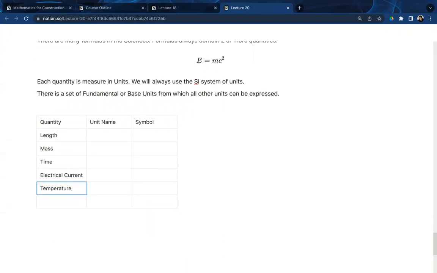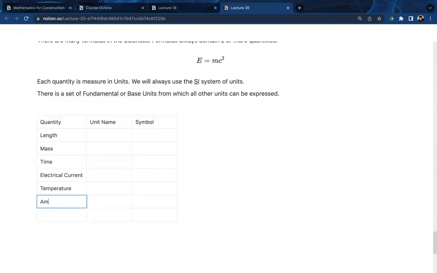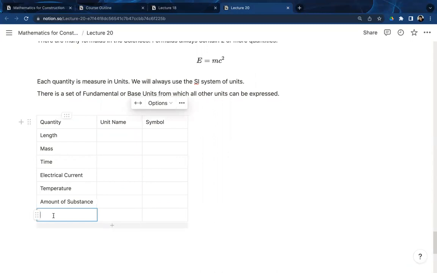Temperature is a fundamental quantity in physics. We have amount of substance. This one is used more in chemistry. Next one is luminous intensity.